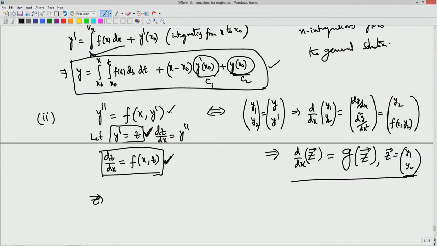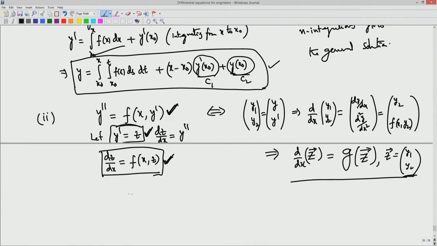Because in the solution method, you have this equation. When I write y dash equal to z, you have two ODEs, and if you solve them simultaneously, this equation and this equation, that is how you get the solution of this. That means these are your simultaneous equations. If you solve them, that is equivalent to solving the second order equation.